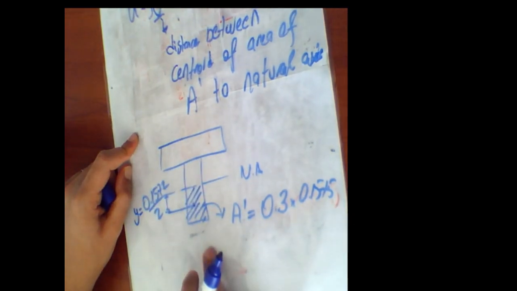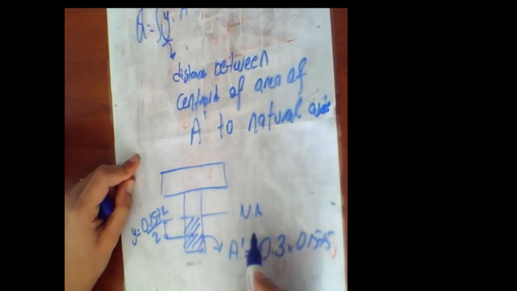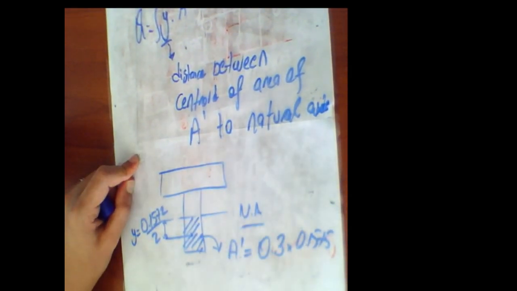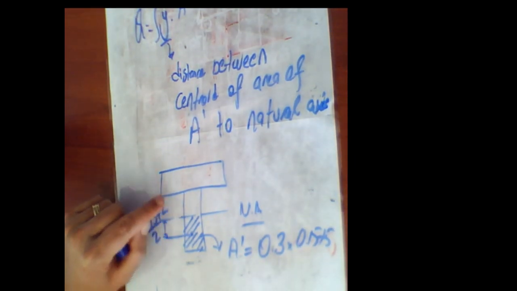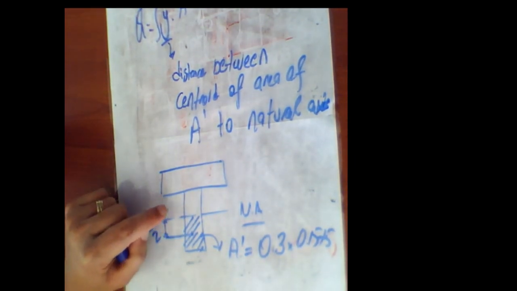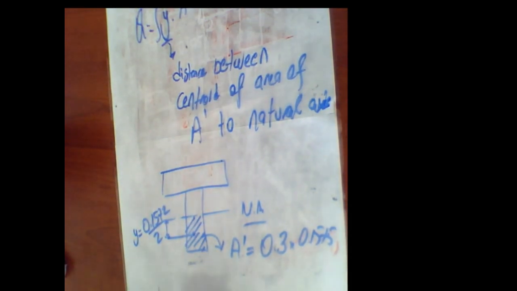Why are we choosing the natural axis? Because Q is maximum on the natural axis, and 0 at the top and bottom points. But for normal stress, the critical points are top and bottom. On the natural axis, normal stress becomes 0.